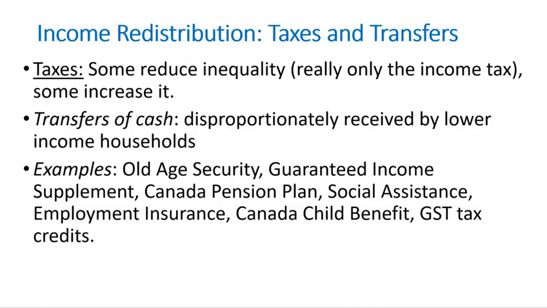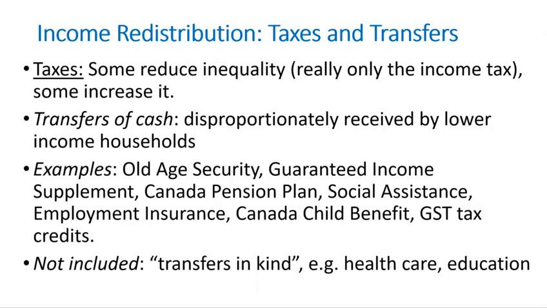Now, it's very important to note that there are other kinds of transfers that are not included in these measures that I'm showing you. So those are called transfers in kind. So a transfer in kind means that instead of giving somebody cash to go buy whatever they want to buy, you give them free health care instead.